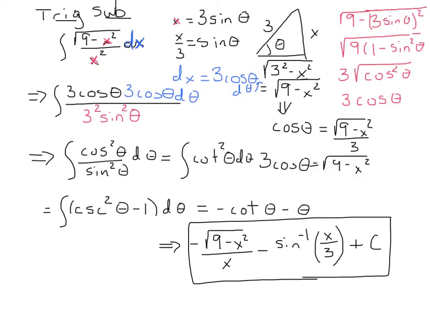Now a couple kind of tricks here, depending on which type of square root you're given. So in general with these problems, now this is not always true, but in general, a lot of times we have square root of, say, some number squared minus x squared, like the last problem we had.